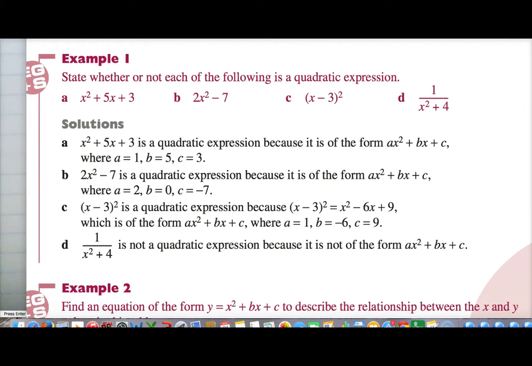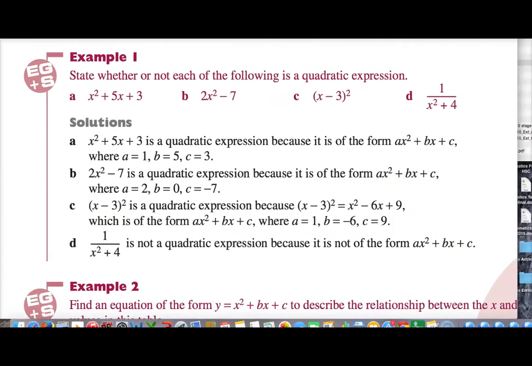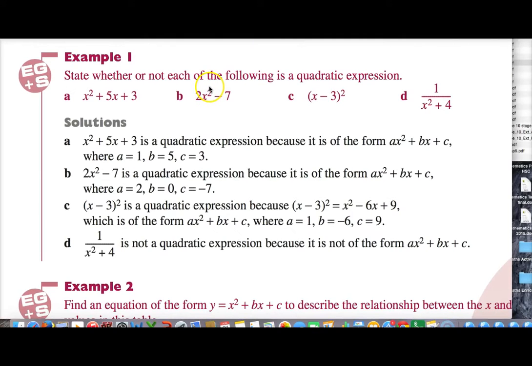Girls, example 1 from the textbook. State whether or not each of the following is a quadratic expression. This has got a highest power of x squared. It's a quadratic expression. The next one has an x squared term too, so it's a quadratic expression. What about this one? Let's expand.